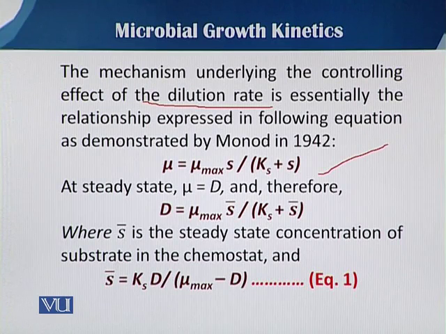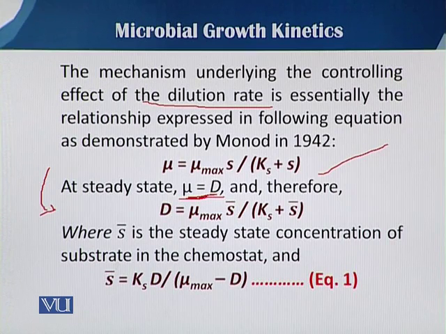In a continuous culture, when mu is equal to D, meaning our specific growth rate becomes equal to the dilution rate, there is dilution and there is growth, and there is no more change in the cell mass concentration in the fermentation vessel. Then we can transform this equation by replacing mu with D. So D is equal to mu max S bar over Ks plus S bar.